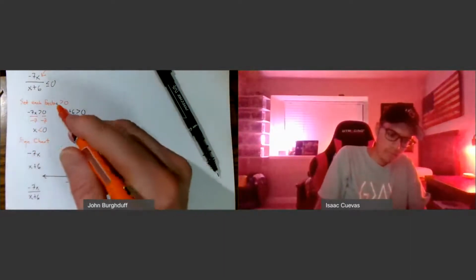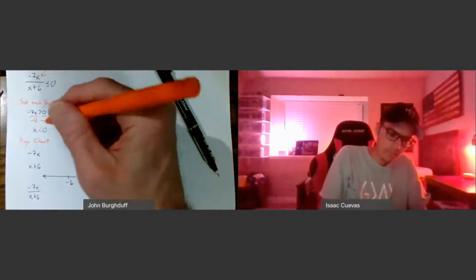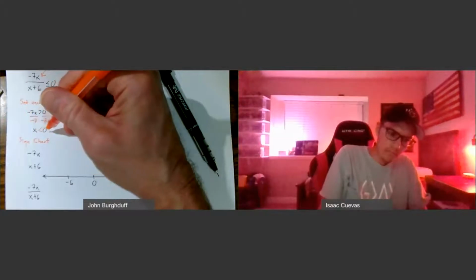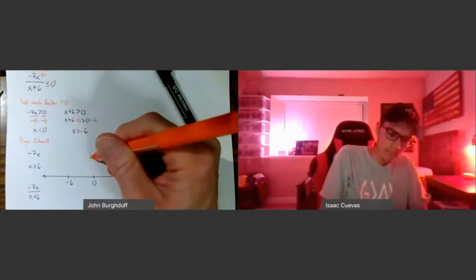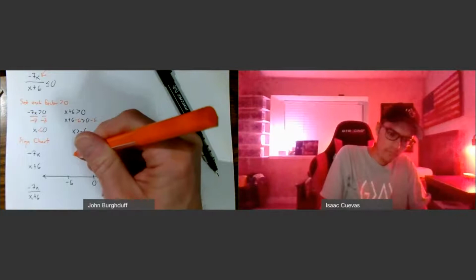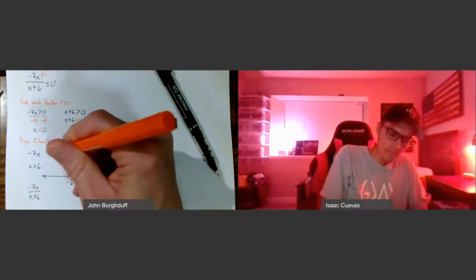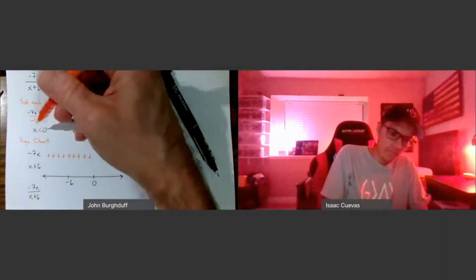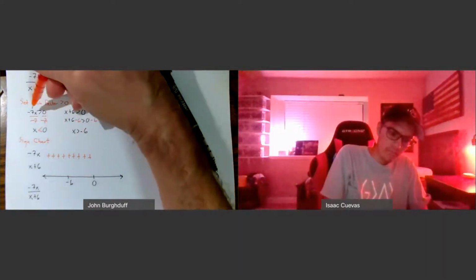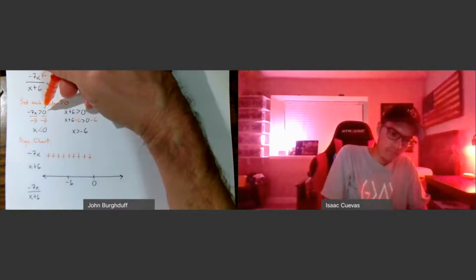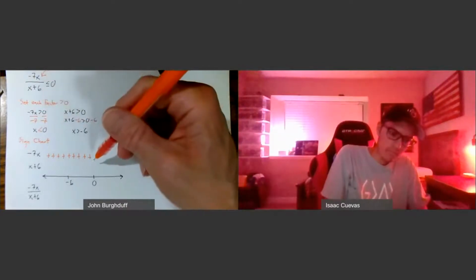This is called a sign chart. For every value of x that's less than 0, I'm going to put a whole bunch of little plus signs. What these plus signs indicate is that if x is less than 0, then the negative 7x is greater than 0, or positive.